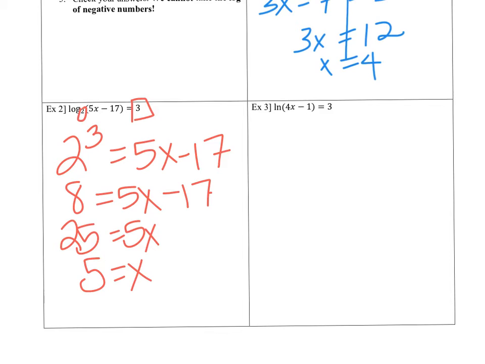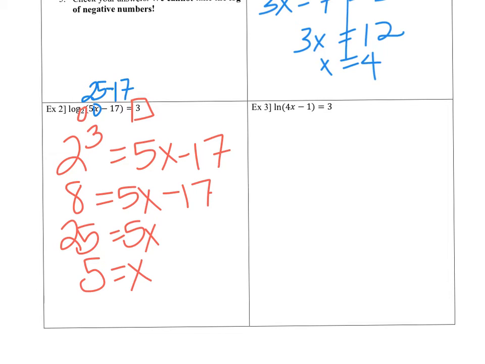Let's plug that in and make sure that's a good solution. We're plugging in 5 here, so 5 times 5 is 25. We have 25 minus 17. Is that going to give me a negative log? No, it is not. So we're good to go.